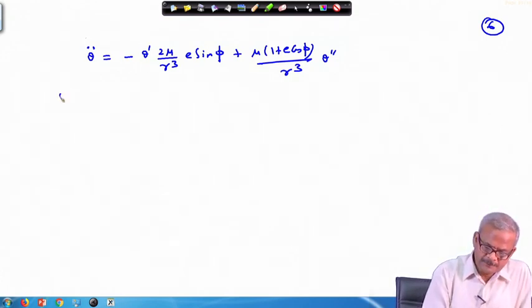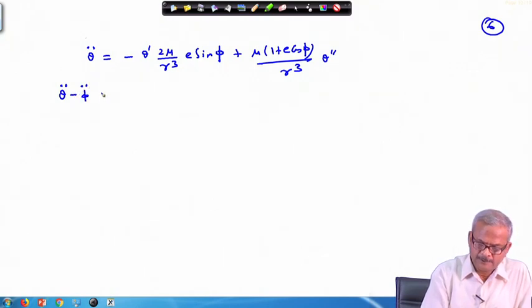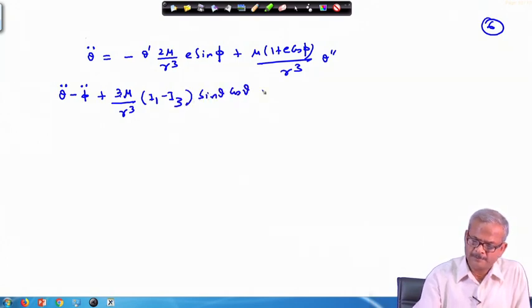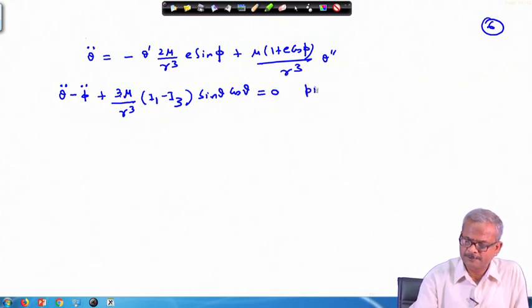Okay, so, in our equation of motion, theta double dot minus phi double dot plus 3 mu by r cube I 1 minus I 3 sin theta times cos theta equal to 0. This is the pitching motion equation.